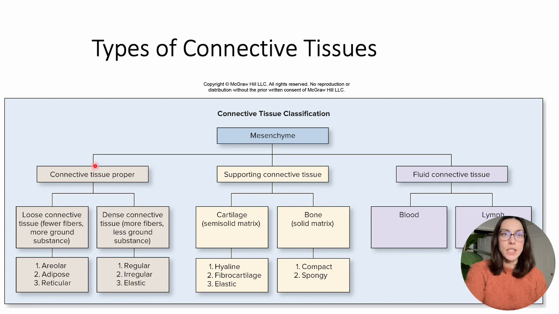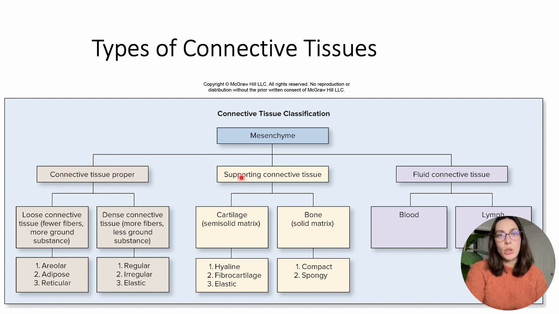Connective tissue proper just means it's a category of connective tissues with the traditional connecting function. They usually have this traditional structure that we looked at in the cartoons in the previous slide. Let's come back to it in a second.